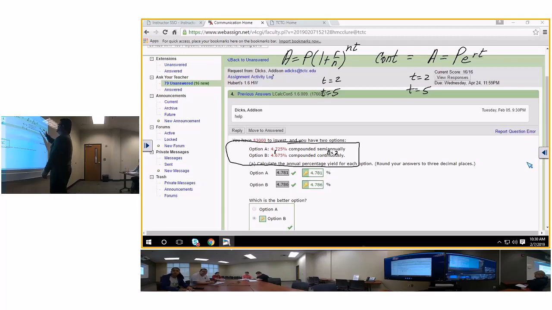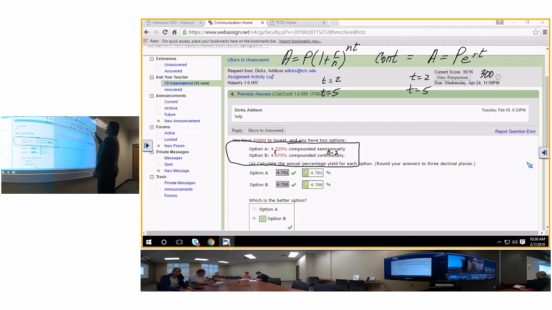So that's going to be 3,000 times e to the R, which is 0.04675 times 2, and then 3,000 e to the 0.04675 times 5.